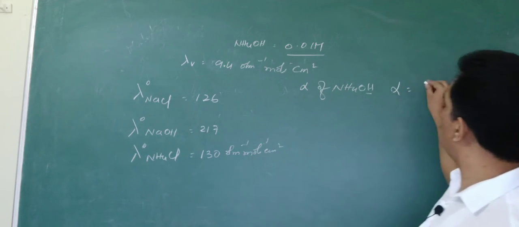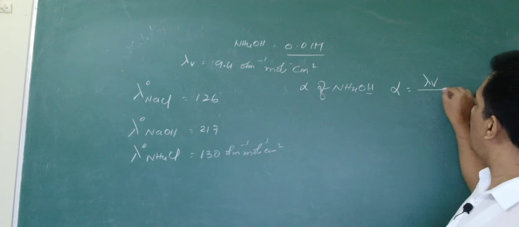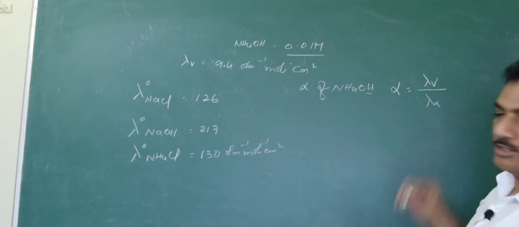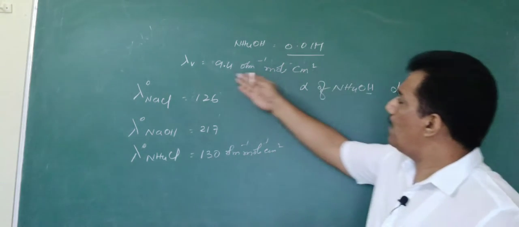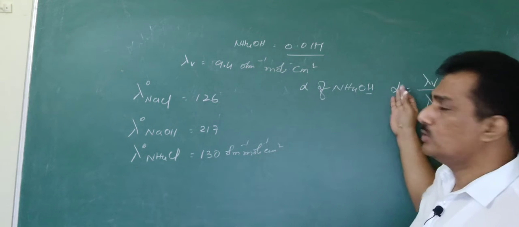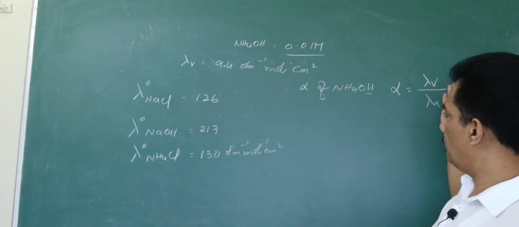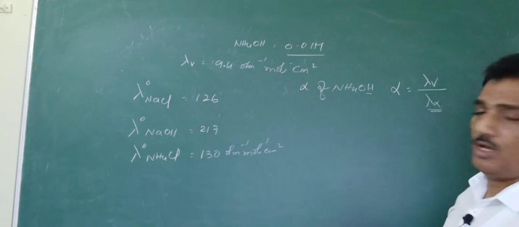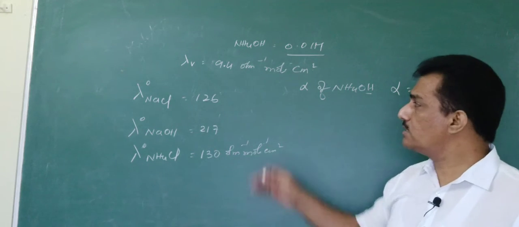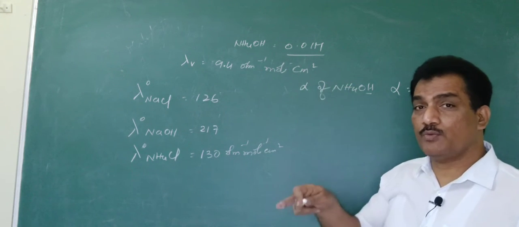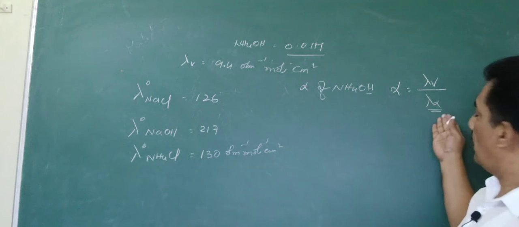To find the degree of dissociation, alpha is lambda V by lambda infinite. Lambda V is already given, so we can substitute it directly. But how do we get lambda infinite, the conductance of NH4OH at infinite dilution?